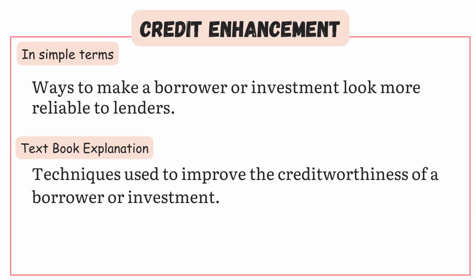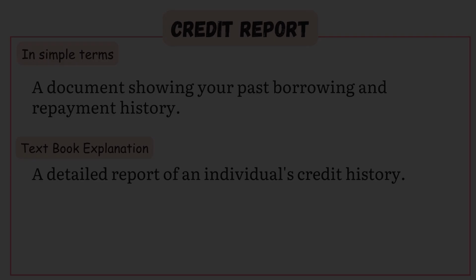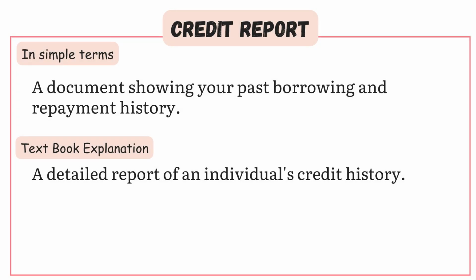As per textbook definition, credit enhancement is techniques used to improve the creditworthiness of a borrower or investment. Credit report. In simple terms, it is a document showing your past borrowing and repayment history. As per textbook definition, credit report is a detailed report of an individual's credit history.